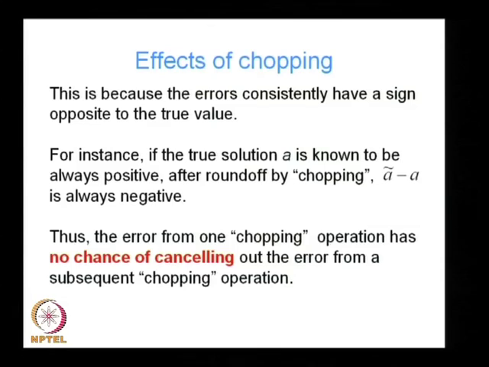This is because the errors consistently have a sign opposite to the true value. For instance, if the true solution A is known to be always positive, after round off by chopping, A tilde minus A is always going to be negative, because after chopping A tilde has to be less than A, since we have got rid of the additional digits which follow the 10th digit.